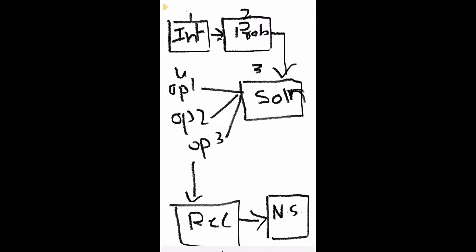So 4, 5, 6, and recommendation is 7. Next steps is 8, probably. You're talking about a slide deck of 8 different slides. Depending on the details required for the solution, it may be 1 or 2 slides extra or more. But essentially this is the flow that we are talking about.